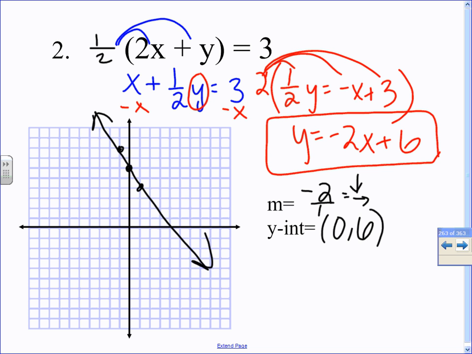Annalise. Did you redo it, though, once I told you what to do? Distribute the 1/2 through. Okay, so you get x plus 1/2 y equals 3. Then minus x. Well, what's 2 divided by 2? Yeah, just change it to a 1. And then minus x on both sides. So that's probably what messed you up. And after that, minus x, excuse me, on both sides. So we get 1/2 y equals -x plus 3.